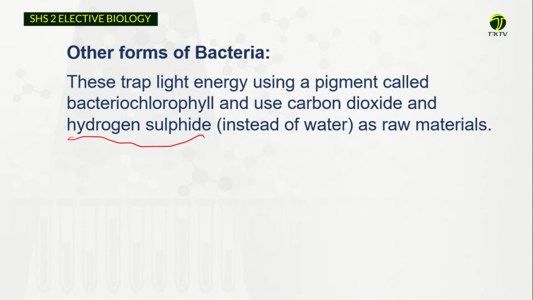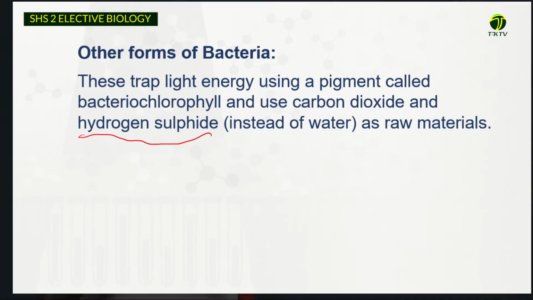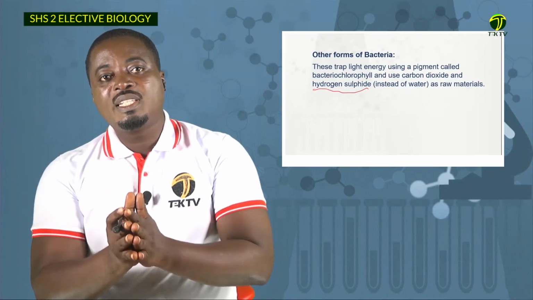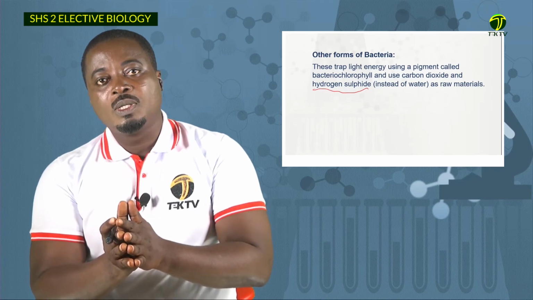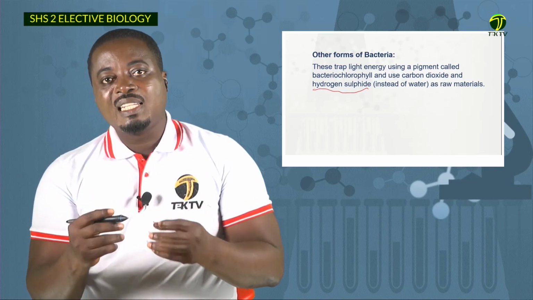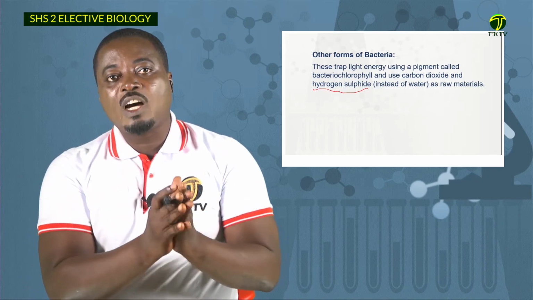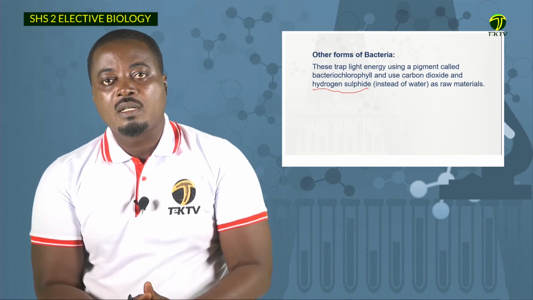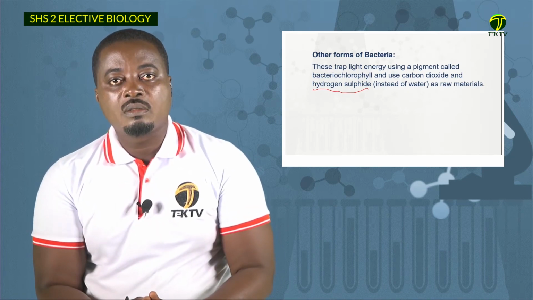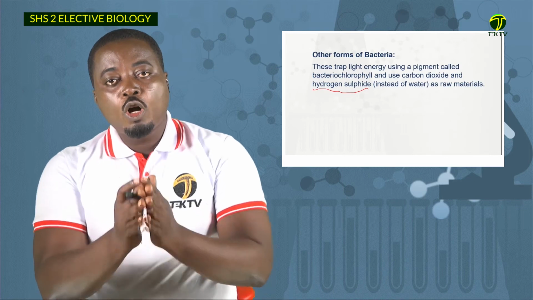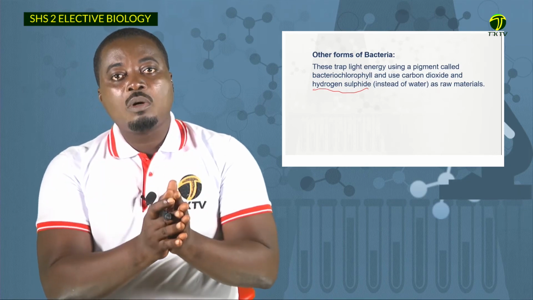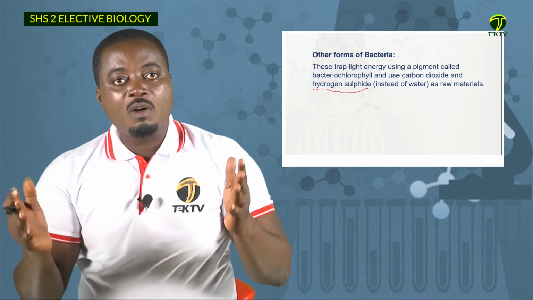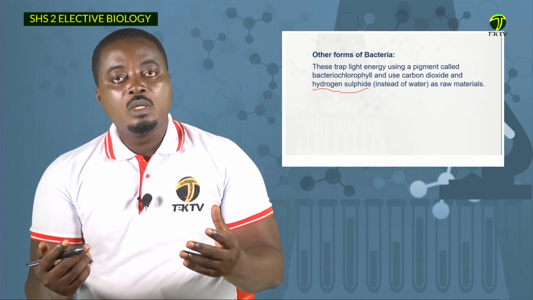So when bacteria contain bacteriochlorophyll, basically they combine carbon dioxide and hydrogen sulfide as the raw materials. Because we all know that we combine carbon dioxide and water in the normal photosynthesis that we know.